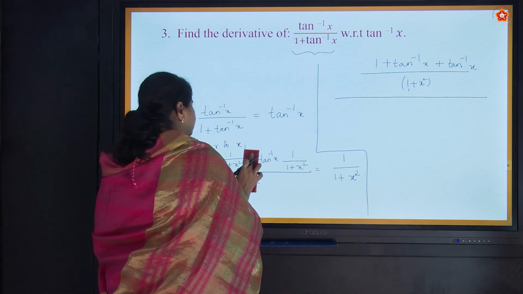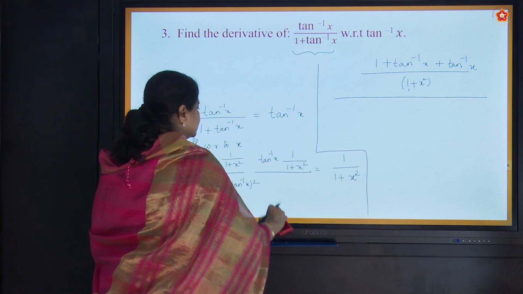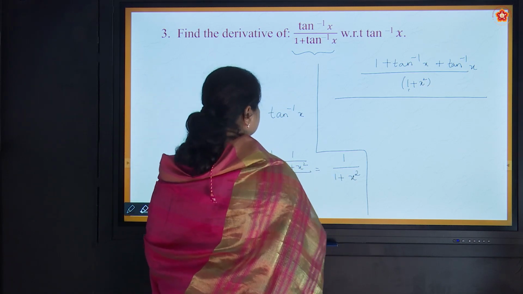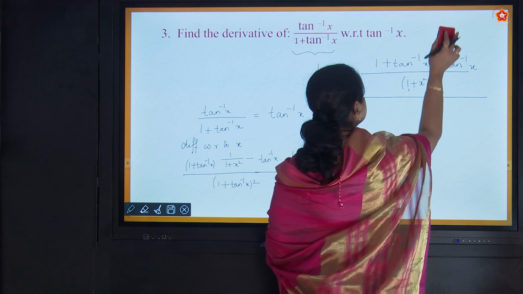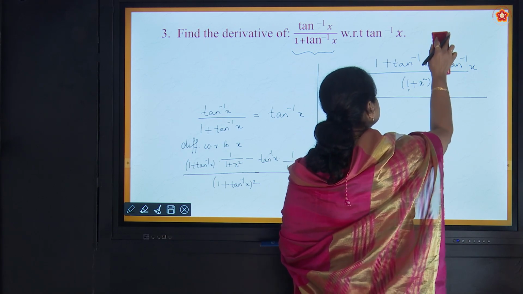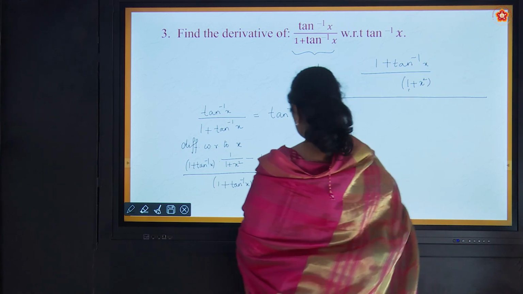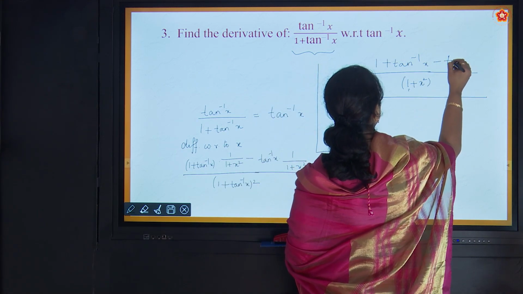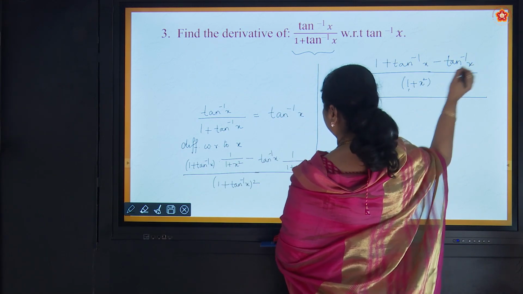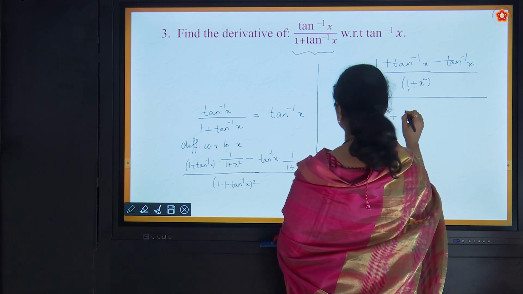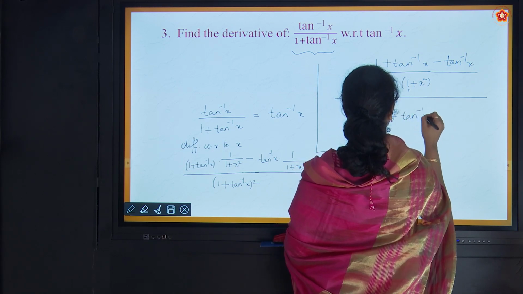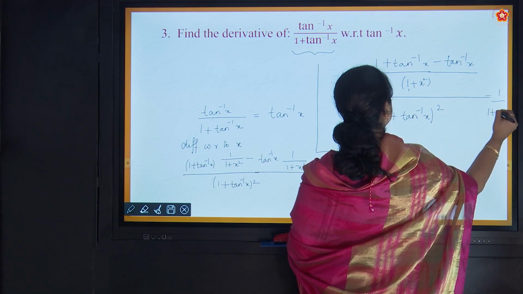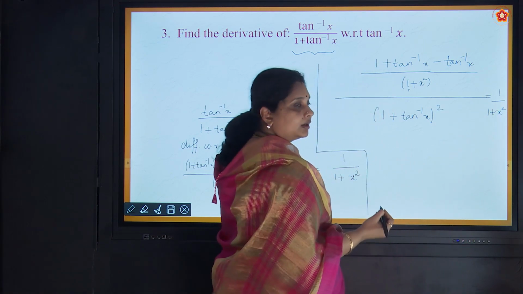Here I've made a mistake. So this is minus. And so here also it's going to be minus because you all know the formula. So that's the mistake that I did. Instead of subtracting, I've added. So minus tan inverse of x, divided by 1 plus tan inverse of x, the whole square, is equal to 1 by 1 plus x square.